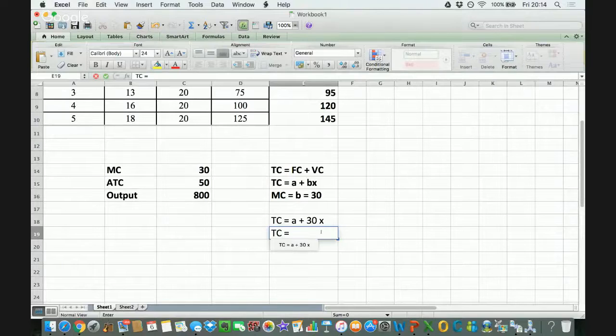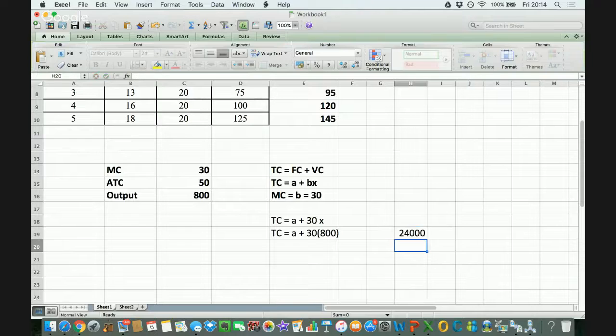So we are told that your output is going to be 800 units. Okay. So if we multiply 30 by 800, we have 24,000.